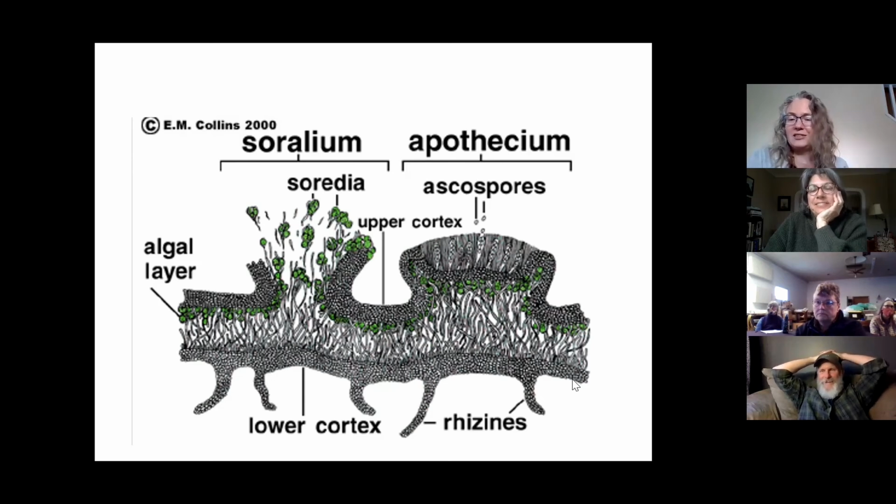So we don't say Dendriscocaulon anymore. We say it's the blue-green photomorph of Sticta, or the green photomorph of Sticta. So we got more precise, but it got longer.